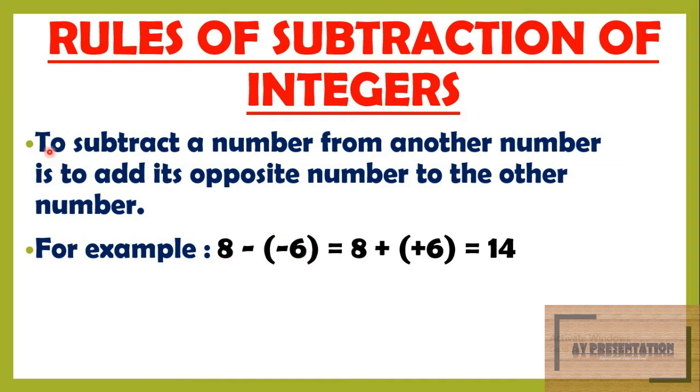So follow the rule: the first number is 8 and add the opposite number. Here negative 6's opposite number is positive 6. So both numbers add. So 8 plus 6 means 14.